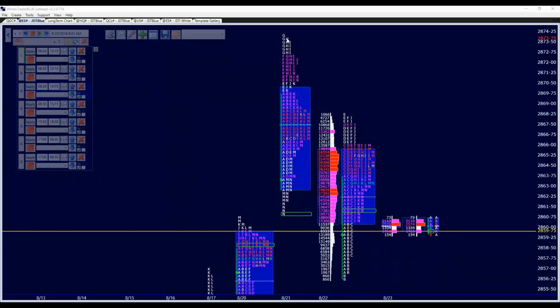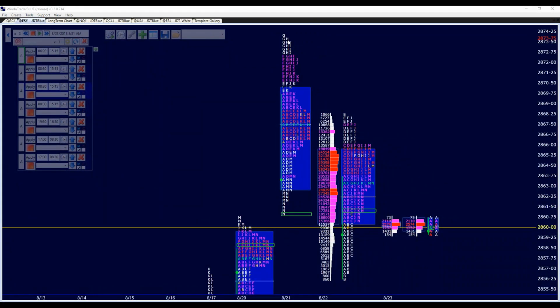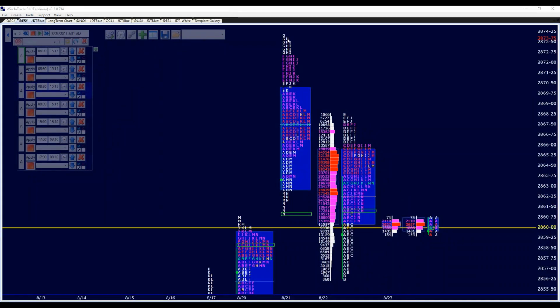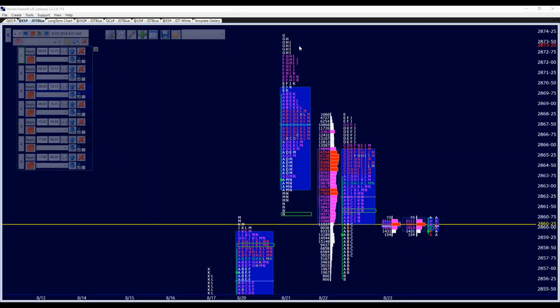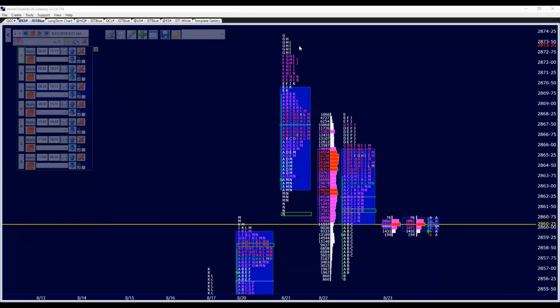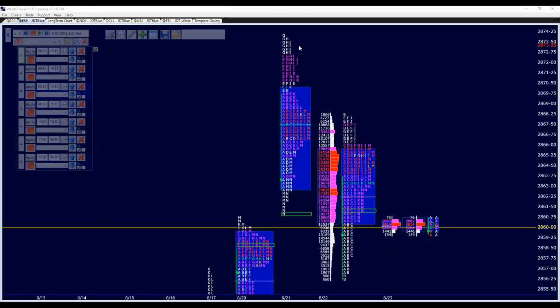A poor high means that there are no single prints on the top of the profile. When you have a poor high, that starts to put the odds in the favor of going back to that high. But remember, it's just a single data point.